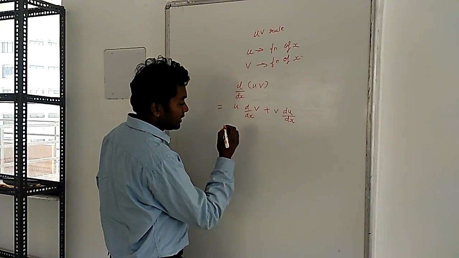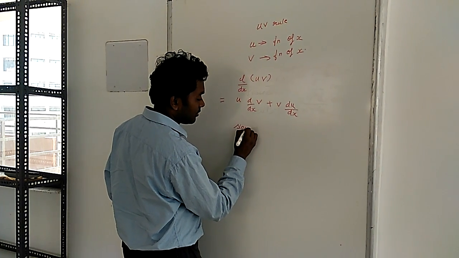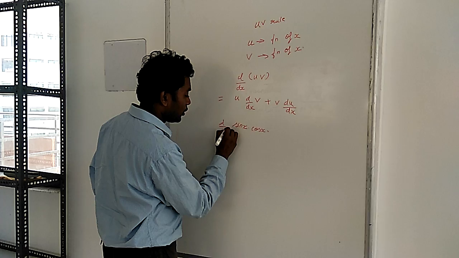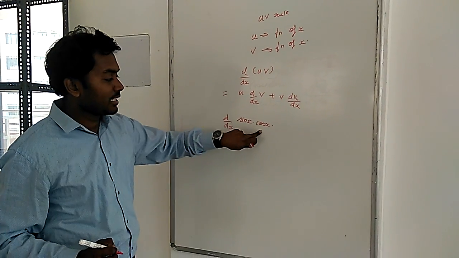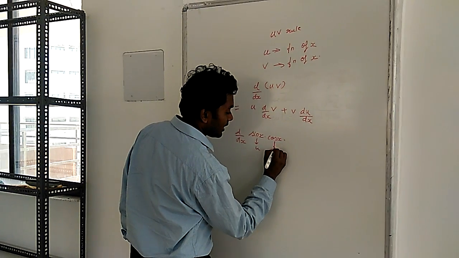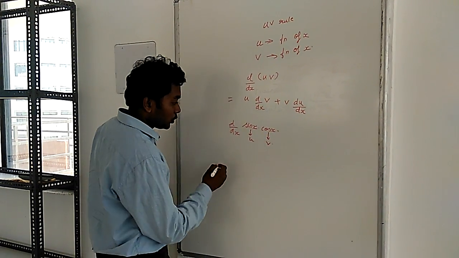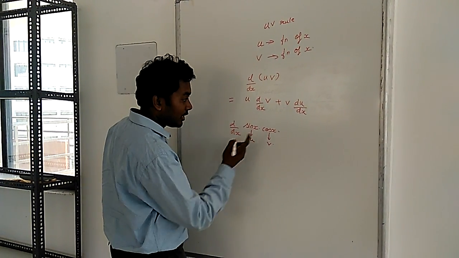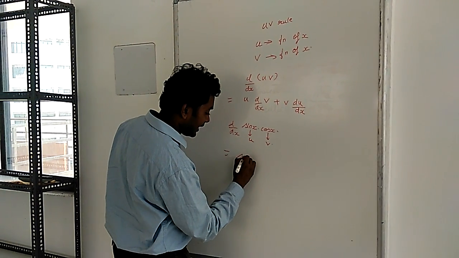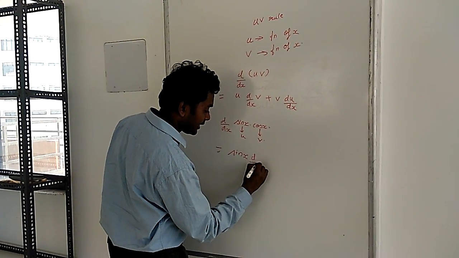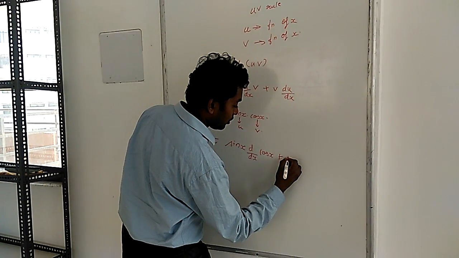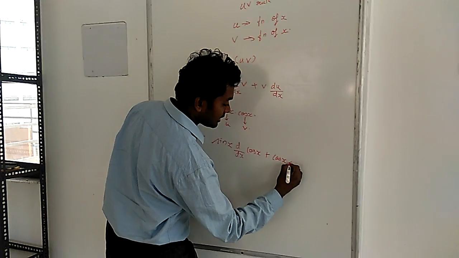Okay, if I take an example, say sin x into cos x, very basic. If I want to find d by dx of sin x into cos x using this formula, sin x is u whereas cos x is v. So u, that is sin x, into derivative of cos x, plus cos x into derivative of sin x.